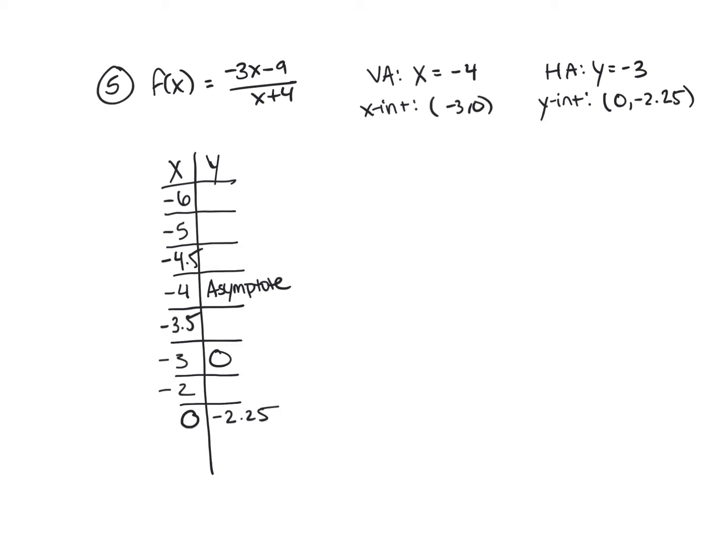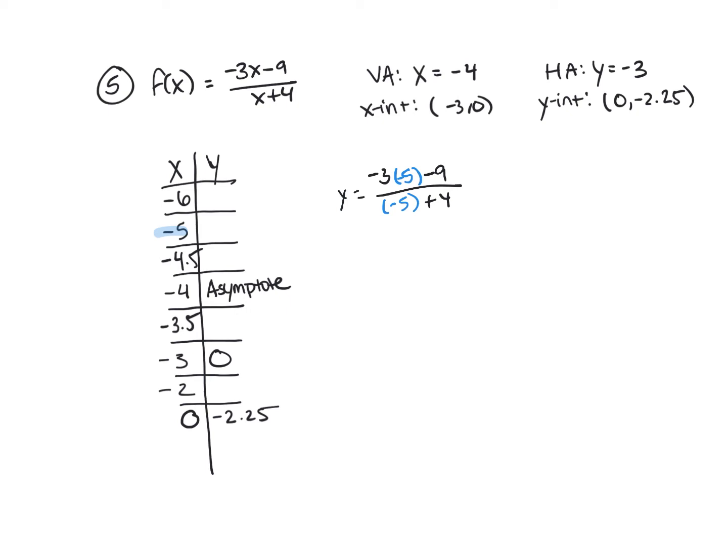So now we have only a few more points to find. If you're wondering how I find these, I'll use 1 point to show you the longhand way to do it, and then you can use your calculator the rest of the way. So I'm going to pick negative 5. I'm going to take this number and plug it into my equation. We'll do negative 3 times negative 5 minus 9 over negative 5 plus 4.